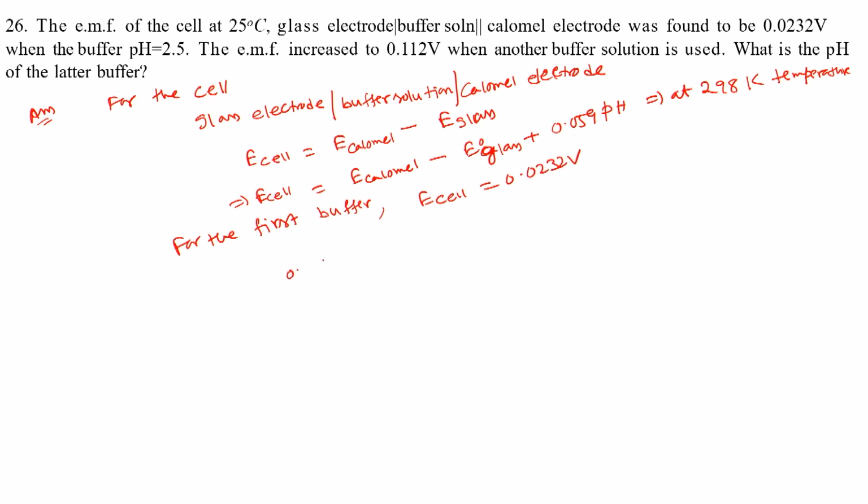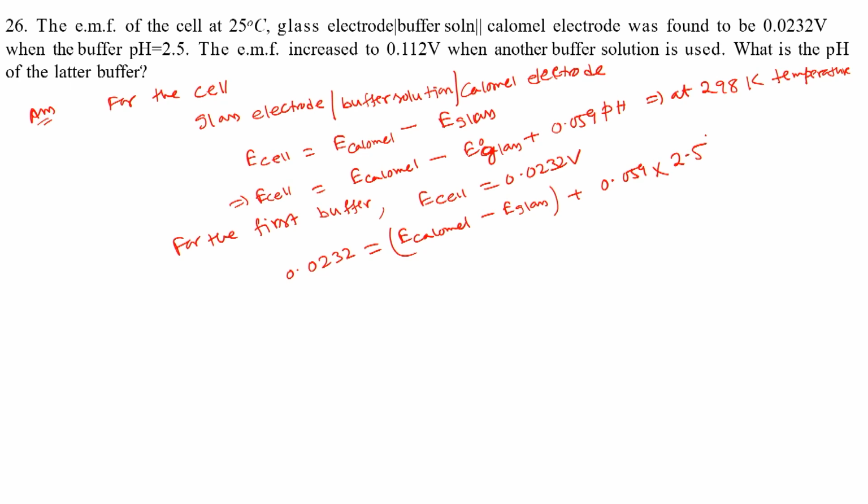So, we write 0.232 is E calomel minus E glass plus 0.059 times pH, which is given 2.5, right.